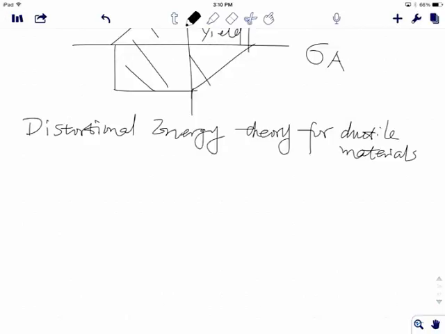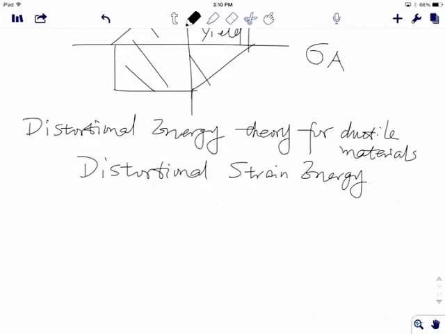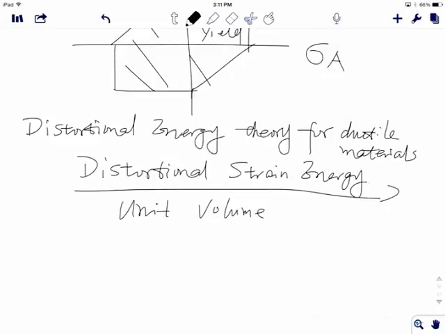So distortional energy believes the failure of a material is not caused by maximum shear stress, but instead is caused by distortional strain energy per unit volume.